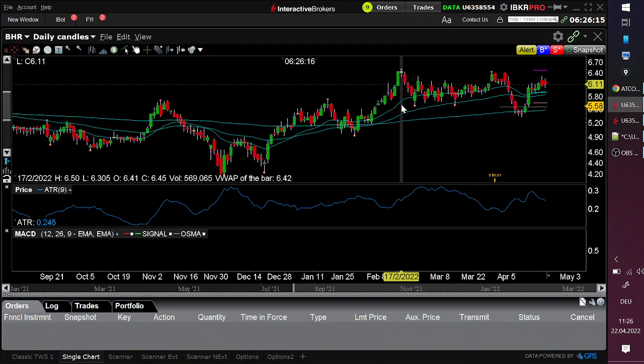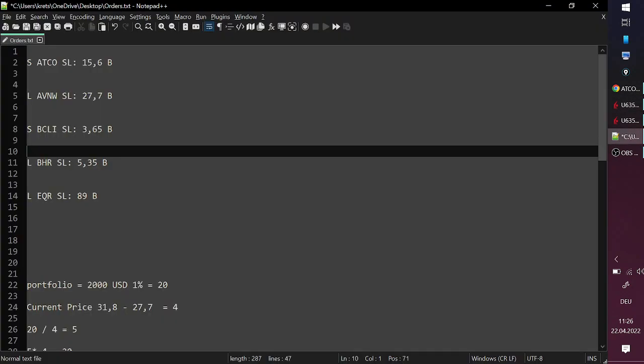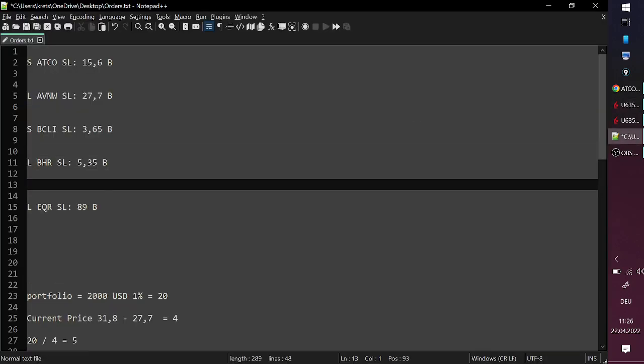So let's go long, with the stop at 5.35, and the current price is 6.11. Let's assume, given facts, that this one won't gap up or gap down through the market opening. It's still a possibility, and it also happens sometimes, but usually it doesn't.